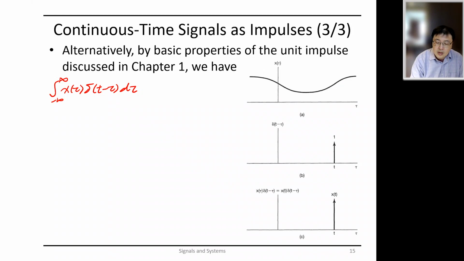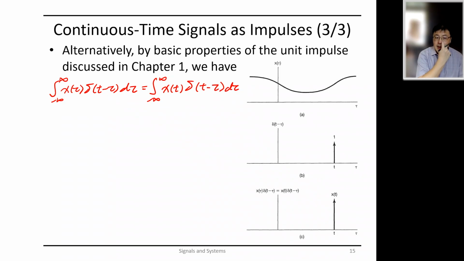So this integral should be equal to the integral of the value of x at time t times delta of t minus tau d tau. And because x of t has nothing to do with tau, I can bring x of t outside.